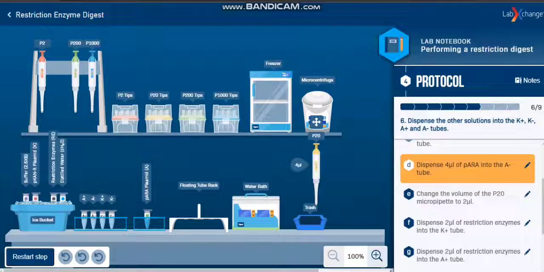And then dispense 4 uL of pA into the A minus tube.